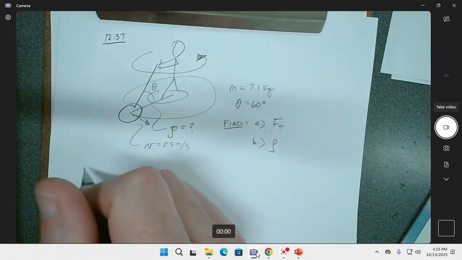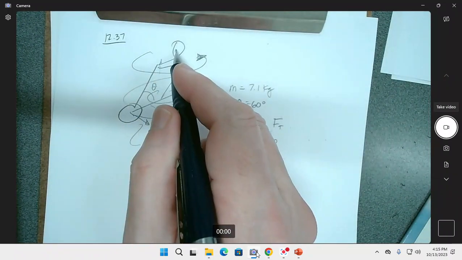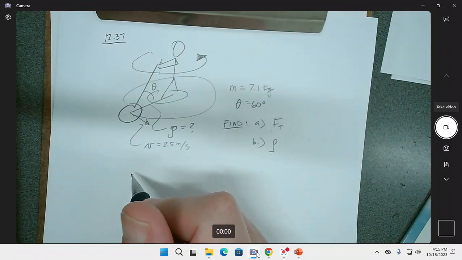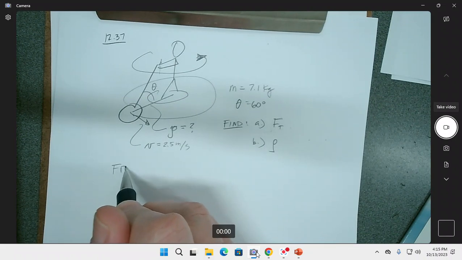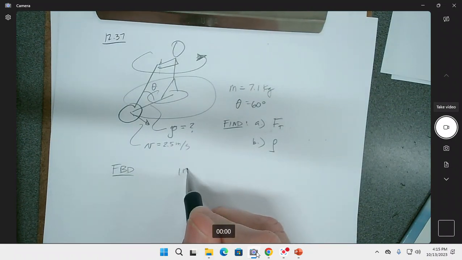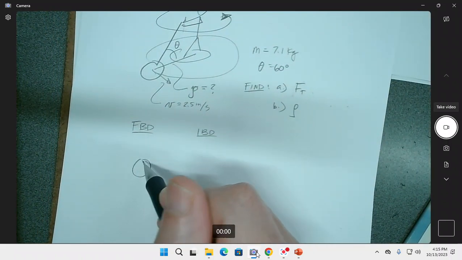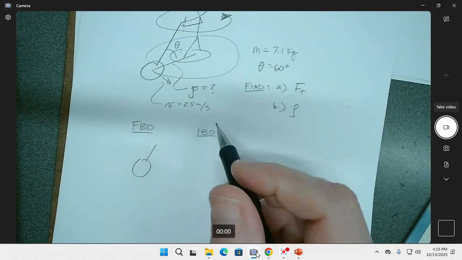So, we could draw the free body diagram looking down at him, but it doesn't give us enough information. So it's going to be better actually to do a very similar thing to what we just did, and look at it from the side.